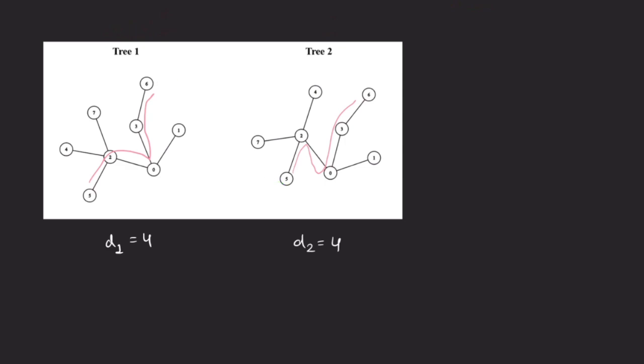When I know the longest path in my trees, what if I take the mid node of that longest path? In this longest path, the mid node is node 0.